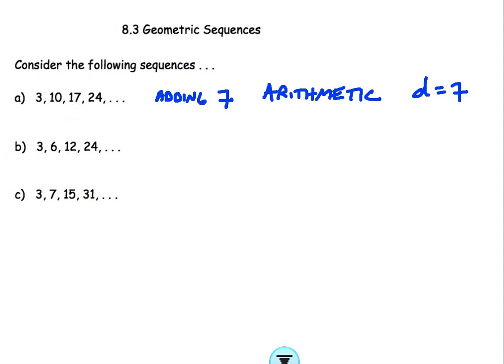For B, look at the list of numbers, the sequence, and see if you can figure out a pattern. This time we're not adding a number. It's not the same number that we would be adding each time. So you might switch your thinking and go, oh, it looks like we're multiplying by 2 each time.